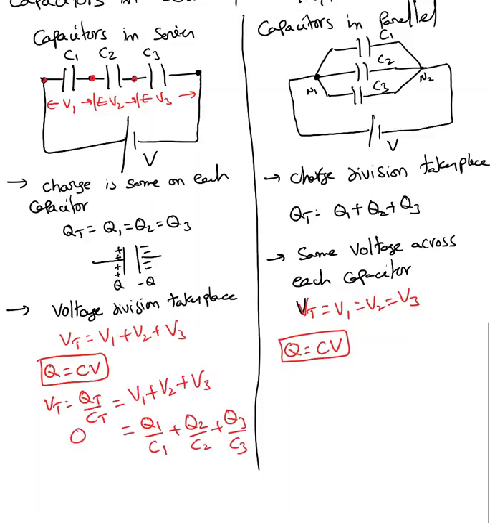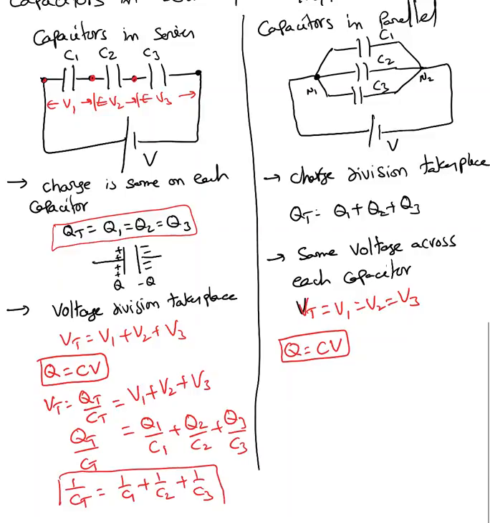But here we already know the charge is the same, so if I pull out Q1, Q2, Q3, they are the same as Q total, so they get cancelled out. I can say 1 over C total equals 1 over C1 plus 1 over C2 plus 1 over C3. So if the capacitors are in series, then 1 over C total equals 1 over C1 plus 1 over C2 plus 1 over C3.